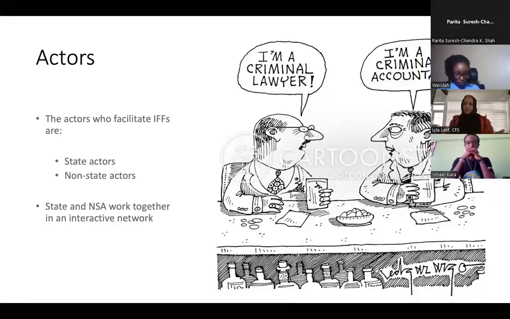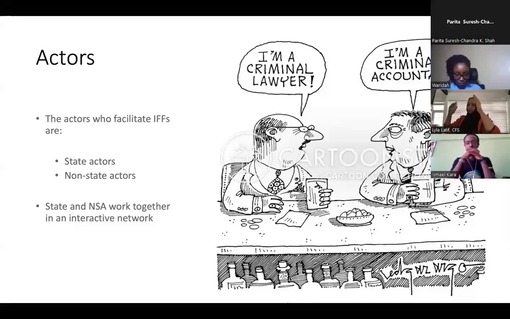Now, actors, be they public and private or private, they do facilitate illicit flows. The International Consortium of Investigative Journalists, the ICIJ, have reported how senior banking officials allow criminals to launder their dirty money by simply failing to report suspect transactions.